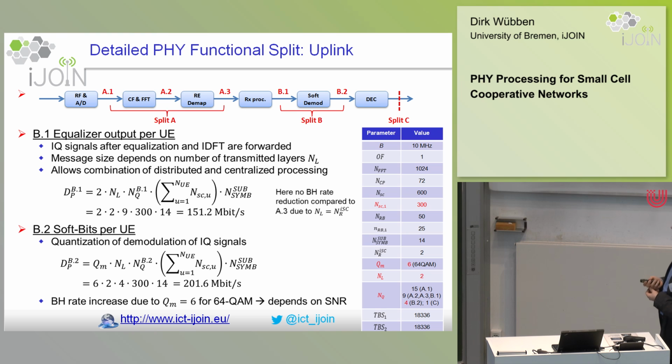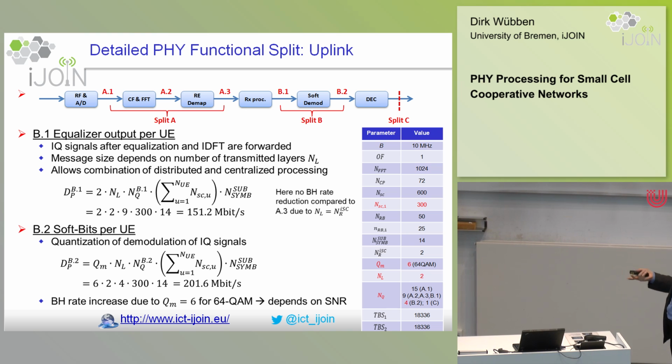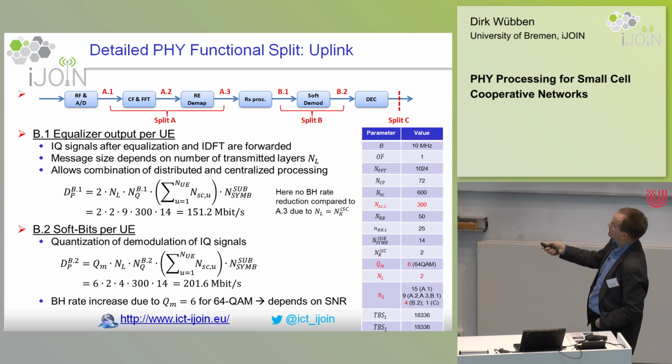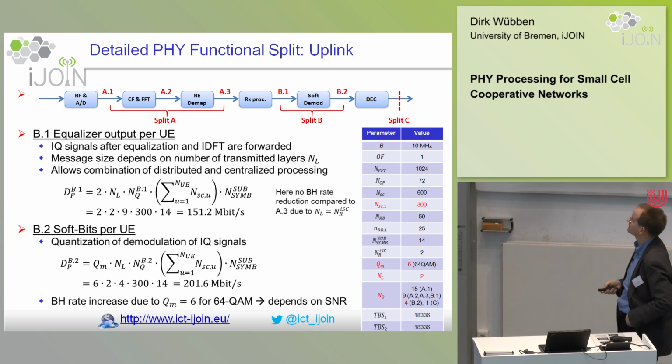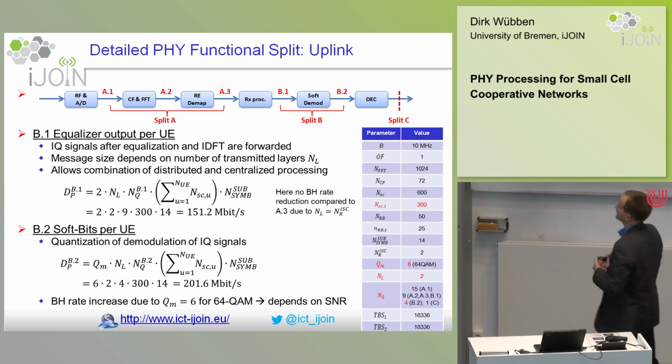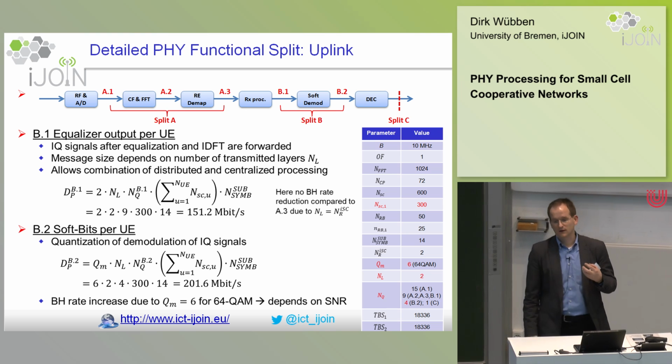Now another possibility is that we also perform soft demodulation. So here, instead of directly transmitting IQ signals, we may also use soft bits to be forwarded over the backhaul links. Of course it depends very much on the quantization levels, but also on the used modulation scheme.